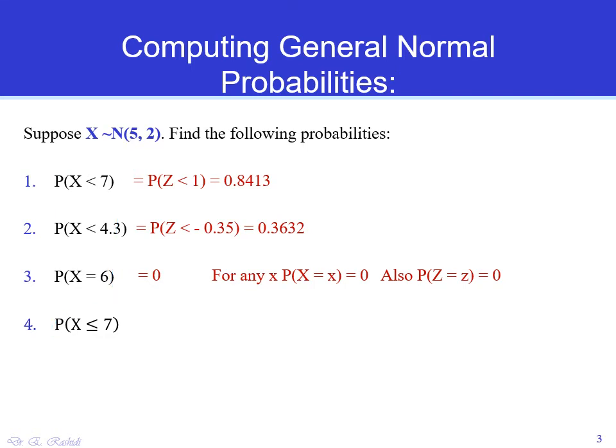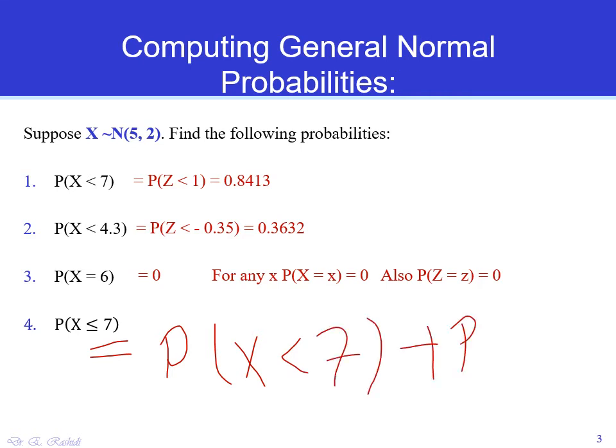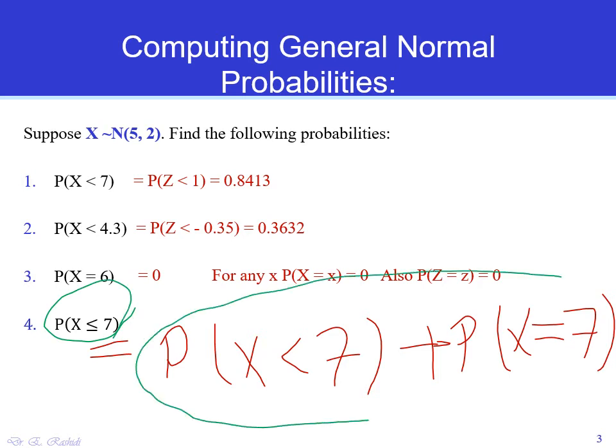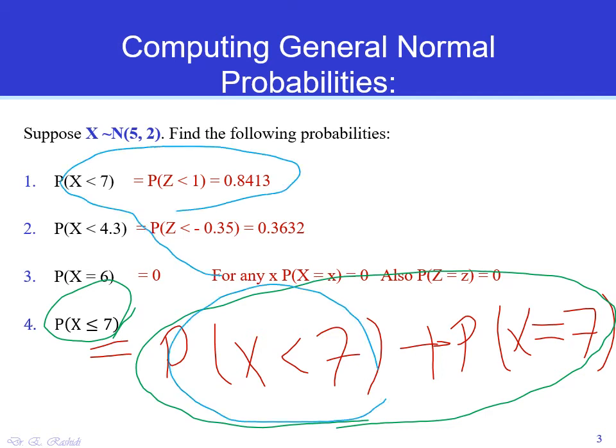Well, actually, we can write this as the probability that x is less than 7 plus the probability that x is equal to 7, right? This is what it means. And we know that the first one is number 1 here, which is 0.8413.